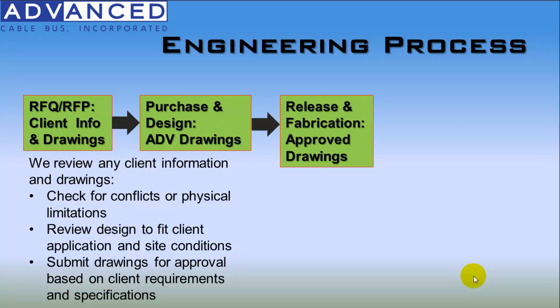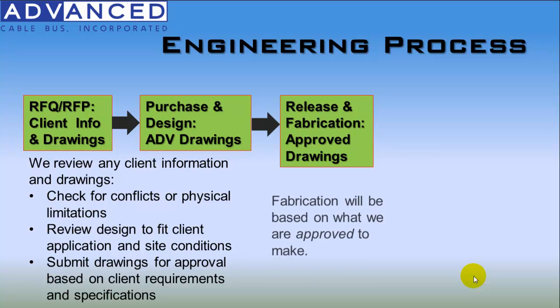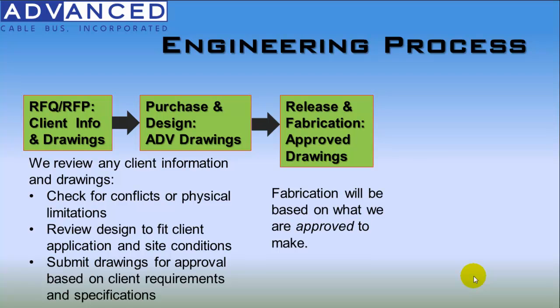Once we have worked through the design issues and issued drawings for approval and received the approval, we proceed to releasing the product to manufacturing and begin fabrication. And our fabrication will be based on what we are approved to make. That means that we do not begin a fabrication without the explicit consent of our clients.